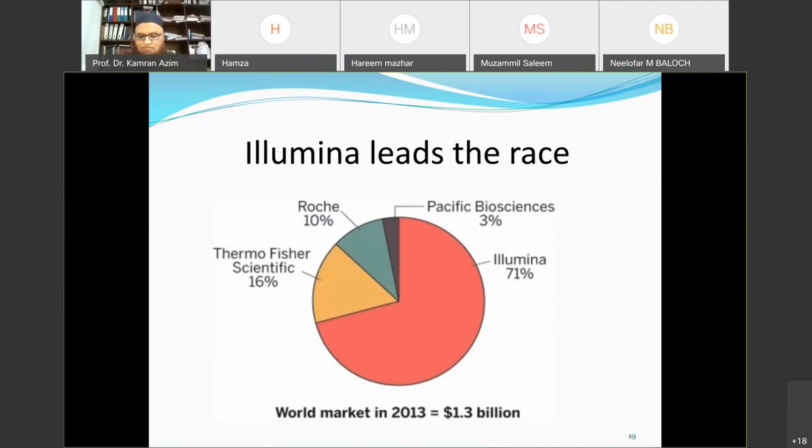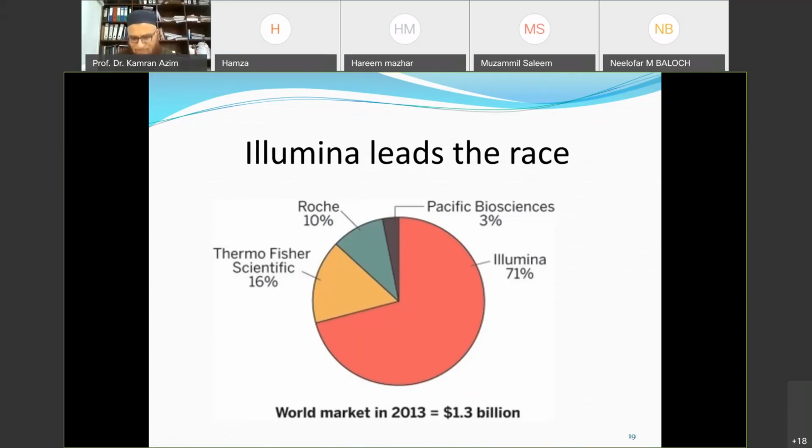Illumina leads the race of next generation DNA sequencing technology. You see from this pie chart that more than 70% of people all over the world are using Illumina instruments for NGS.